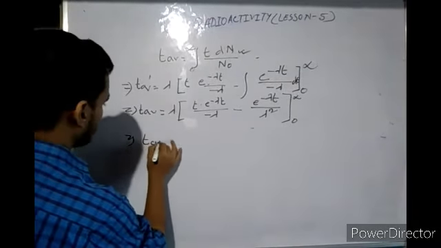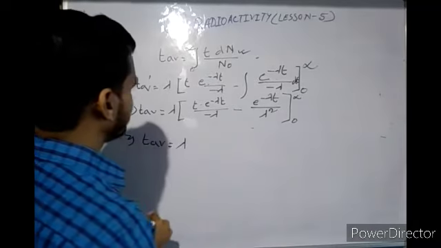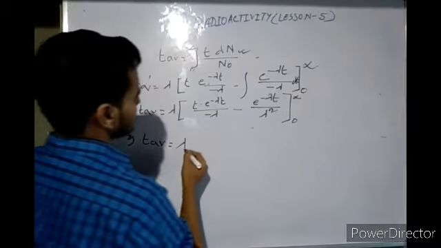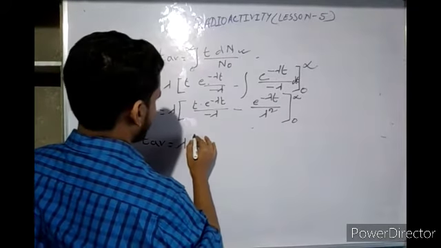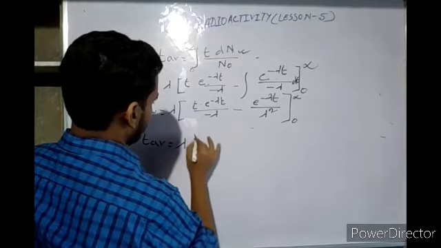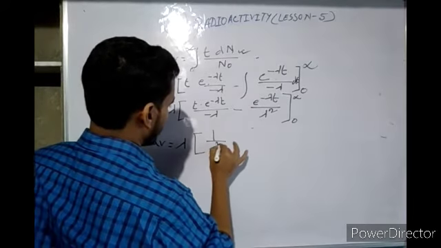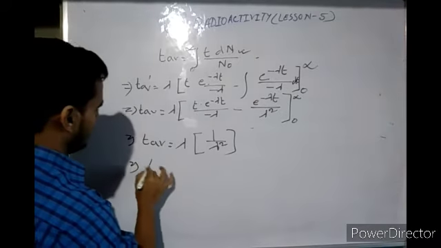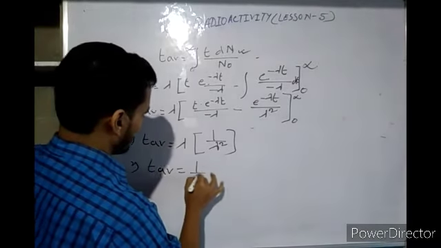If we put the limits 0 to infinity, then we get 1 by lambda square, so T average equals 1 by lambda.